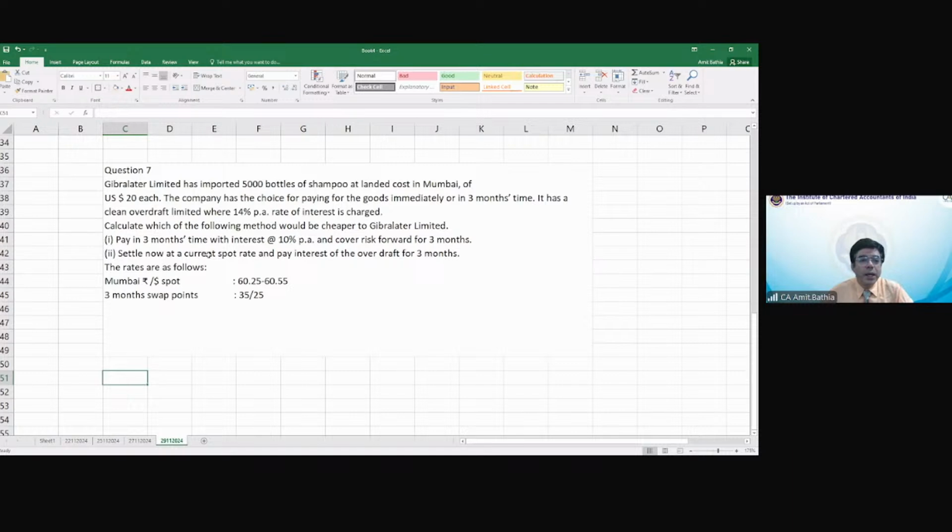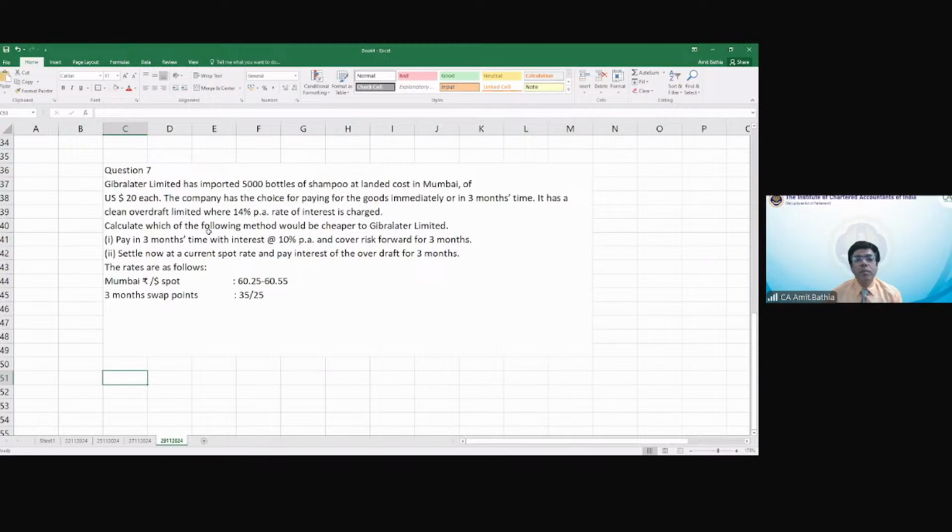Gibraltar Limited has imported 5,000 bottles of shampoo at landed cost in Mumbai of $20 each. The company has the choice for paying for the goods immediately or in 3 months' time. It has a clean overdraft limit where 14% per annum rate of interest is charged.